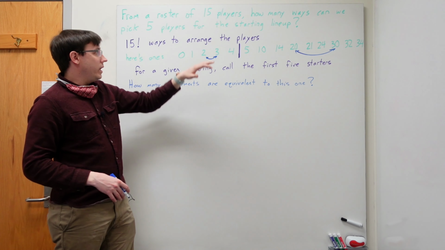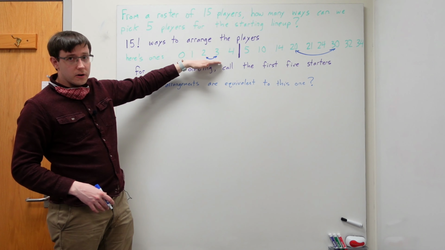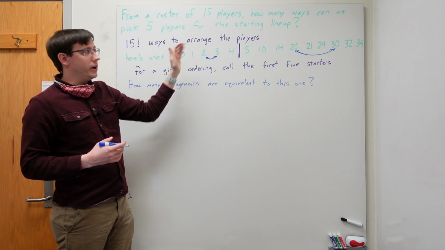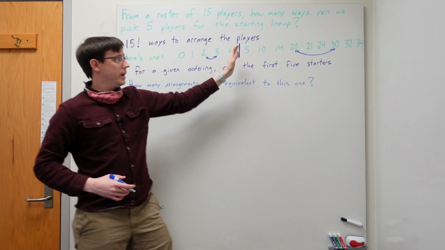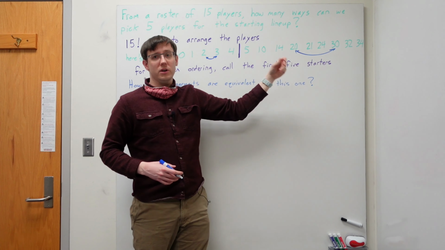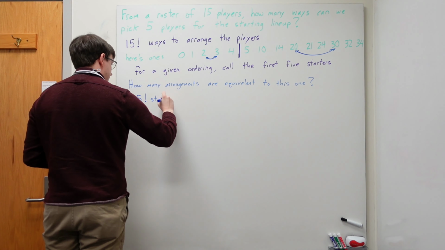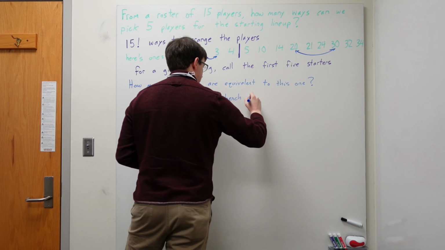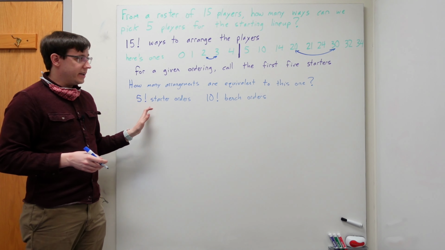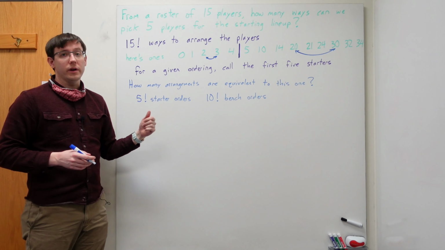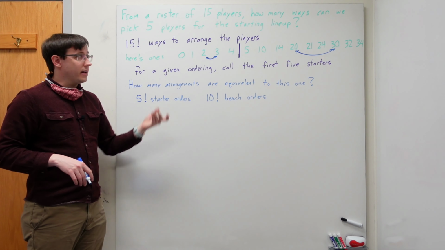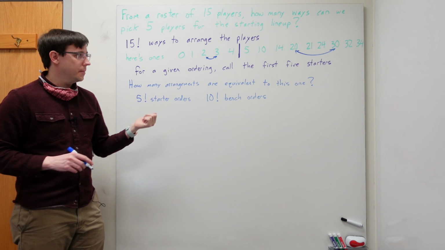And so we have 5 starters, and therefore 5 factorial arrangements of the starters, and 10 bench players, and therefore 10 factorial arrangements of the bench players. And so that gives us 5 factorial times 10 factorial rearrangements that don't affect the starting lineup.